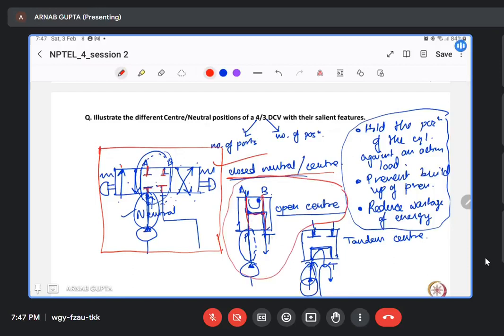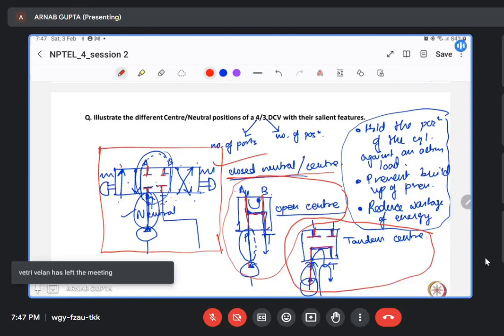So the flow can easily happen from P to T, and here you can understand that the pressure at the A side and the B side will be equal, because the pump will be flowing and compensating. Here it is the tandem center, where A and B are locked at a particular position, but the pump is kept on.